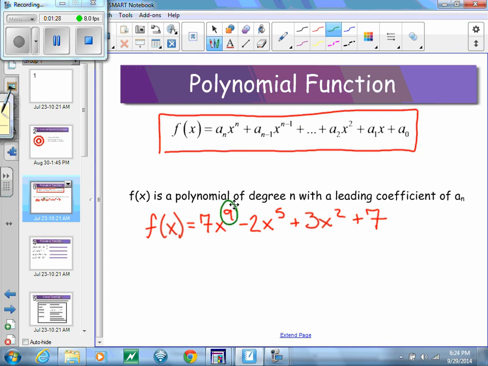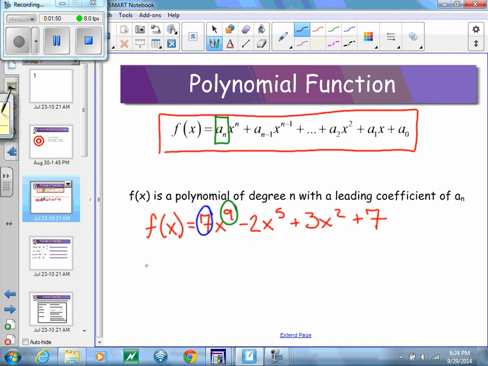The degree is the largest exponent that is on your polynomial. The leading coefficient, a sub n, is the coefficient that's with your variable with the highest exponent, which in our case here would be 7. So we have a degree of 9 with a leading coefficient of 7.